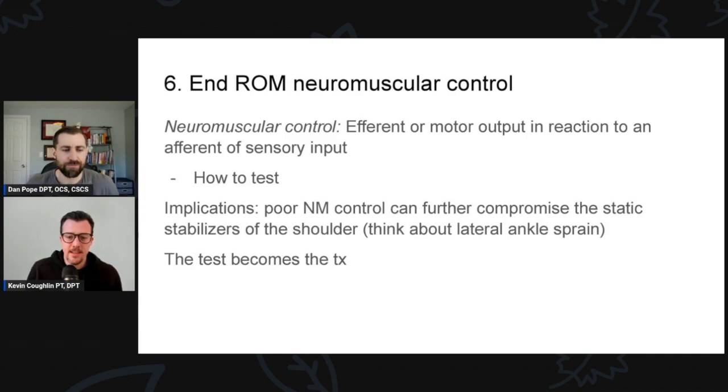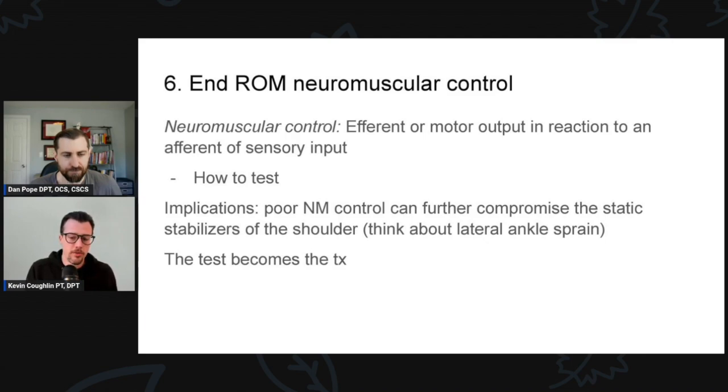So the sixth key that they talk about in this paper is assessing neuromuscular control. I think this is specifically impaired in these folks at end ranges of motion. The definition they use is efferent, or motor, output in reaction to afferent, or sensory, input.